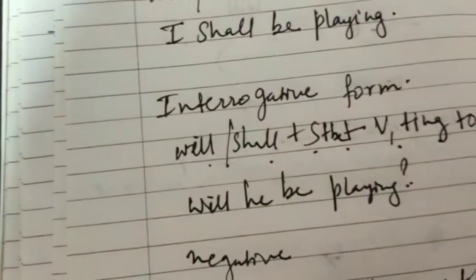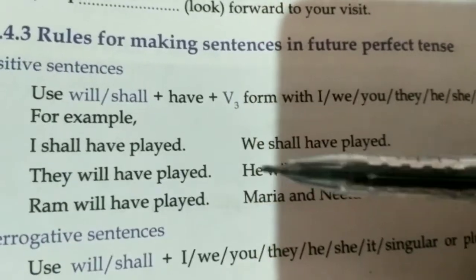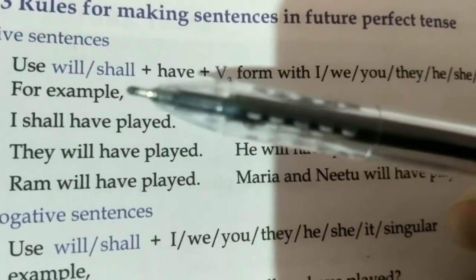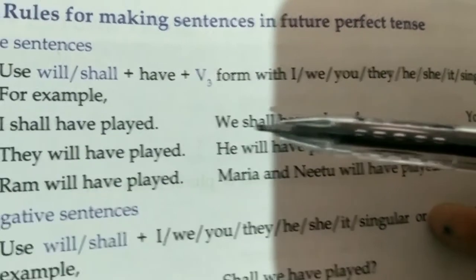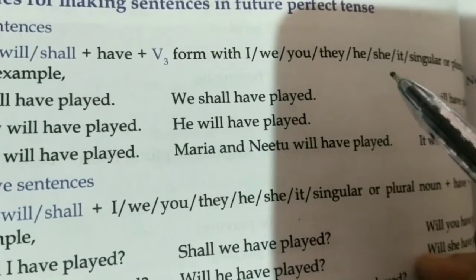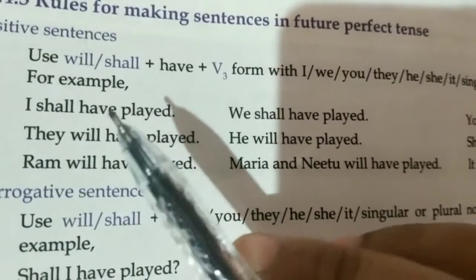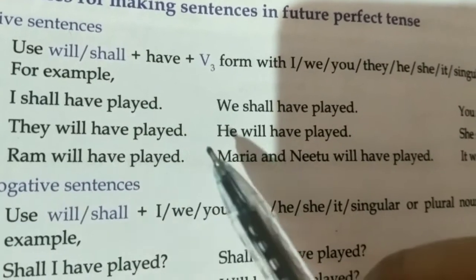Now we'll see the future perfect tense. In the future perfect tense, we use will or shall plus have and V3 form of the verb, and for the subject we use I, we, you, they, he, she, it. Like I shall have played, they will have played, Ram will have played.